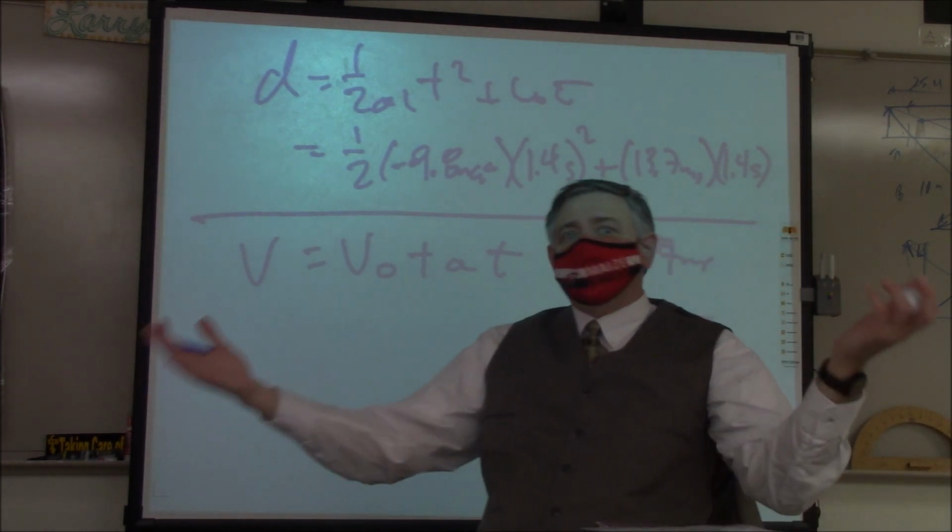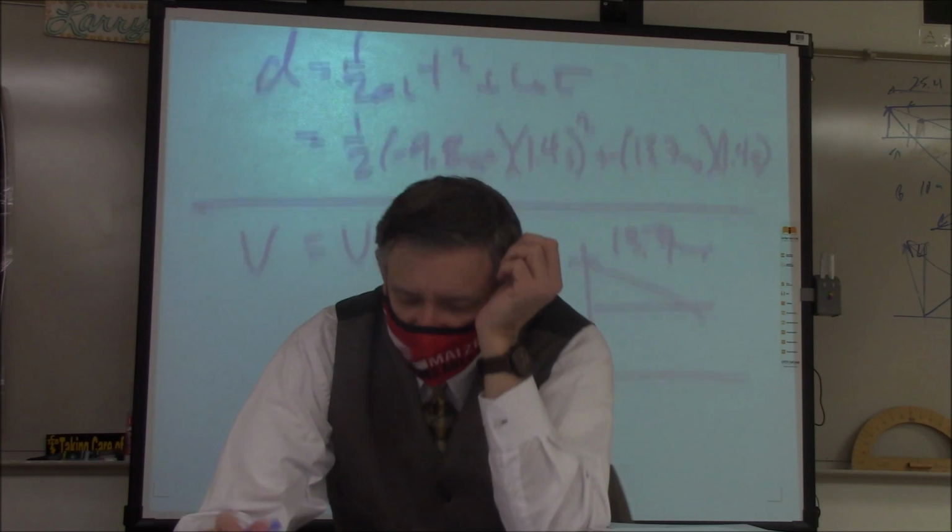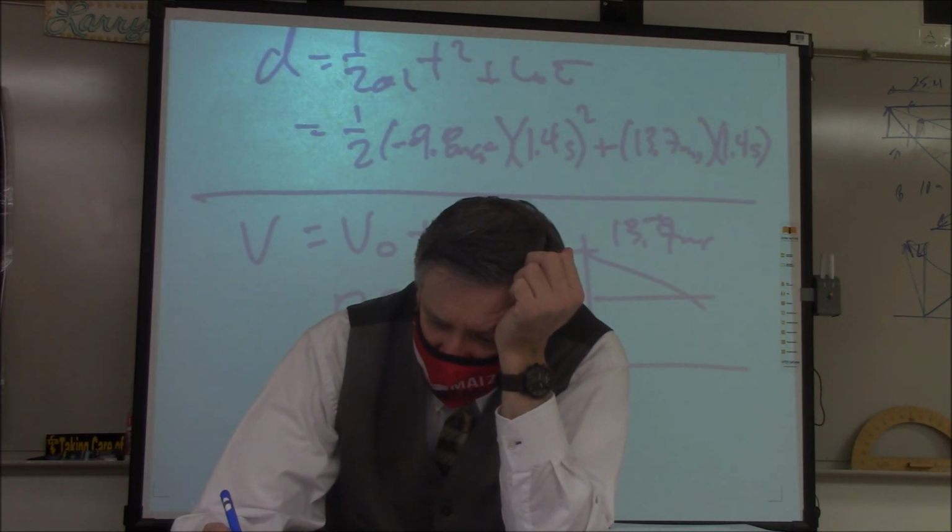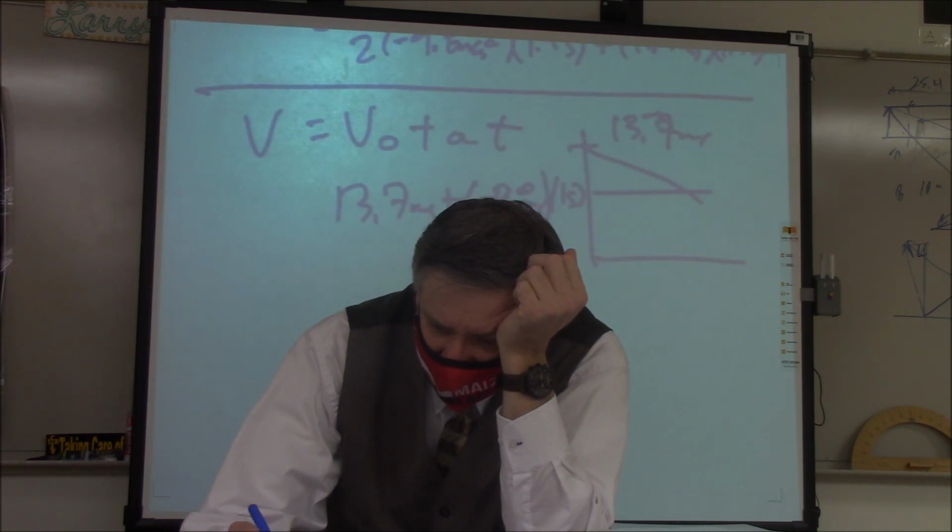So all you have to do is subtract 9.8. So 13.7 meters per second plus negative 9.8 meters per second squared times 1 second. Matt, take 13.7 minus 9.8. 3.9 meters per second.